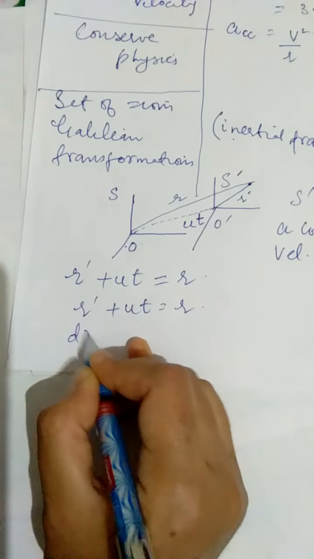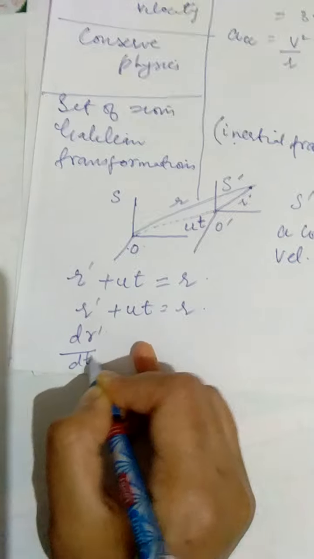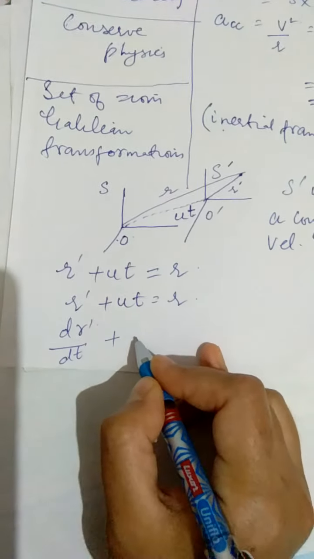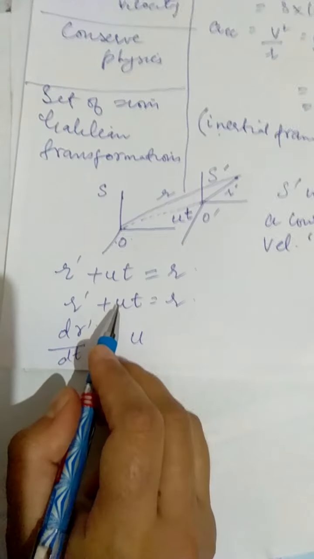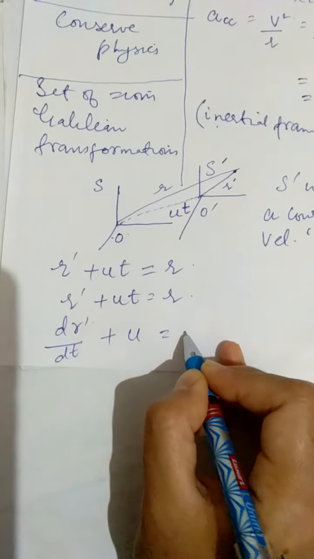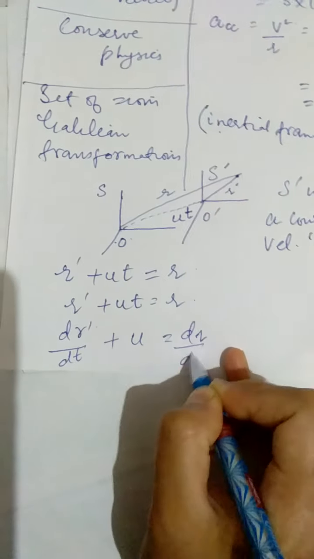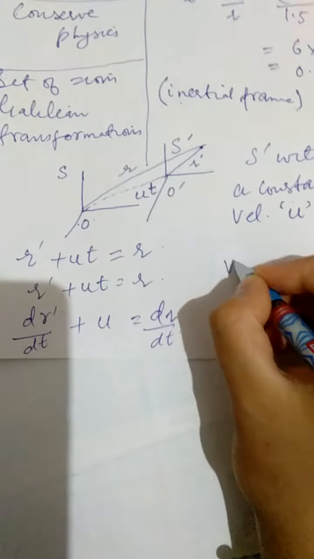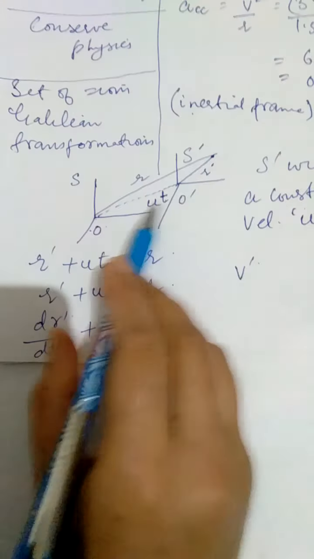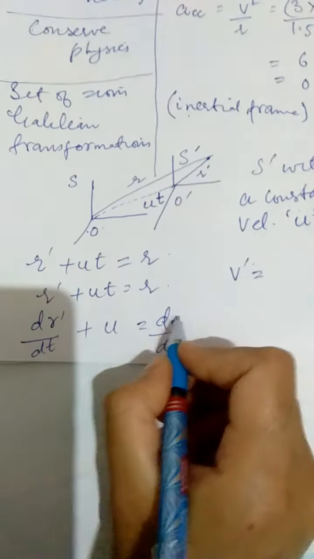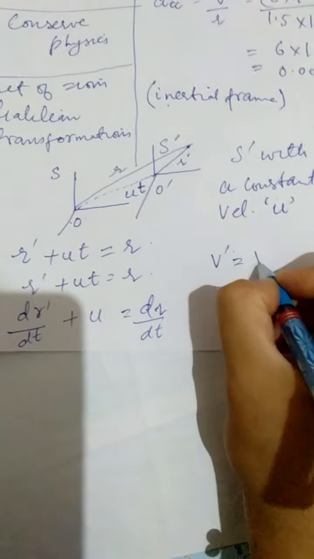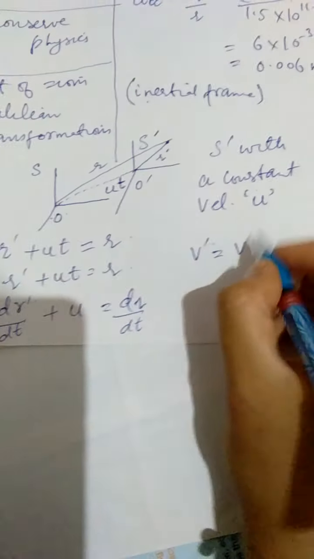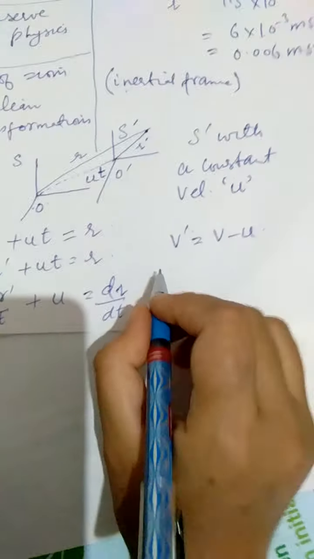So dr dash by dt plus u, because this is a constant, is equal to dr by dt. Now dr by dt we represent by v, the velocity of the particle in the static frame of reference, and dr dash by dt is v dash, the velocity of the particle in the moving frame of reference. Then we take this u to the other side.